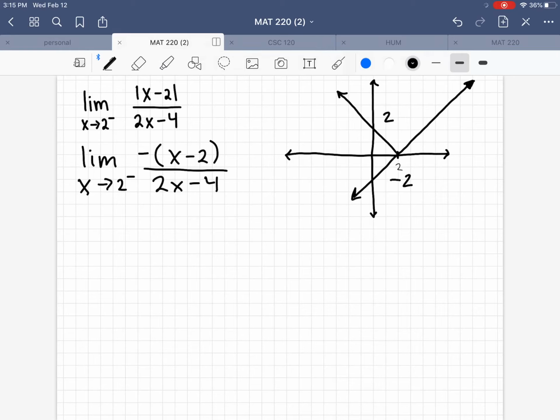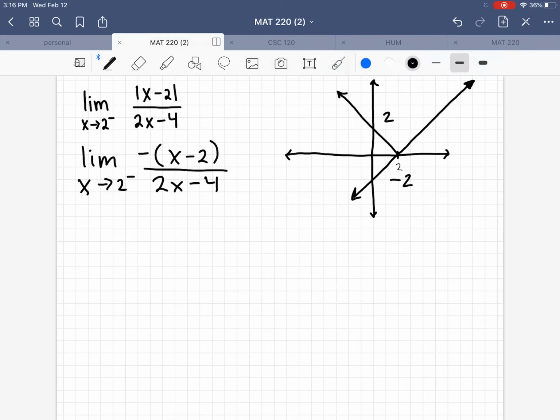If we needed to solve this for just the limit as x approaches 2, we would also need to solve the limit as x approaches 2 from the positive of x minus 2 over 2x minus 4, because on the positive side of 2, our function is basically a different line. It's that line x minus 2 rather than the line opposite of x minus 2. So that's why we are rewriting this equation to be the opposite of x minus 2.